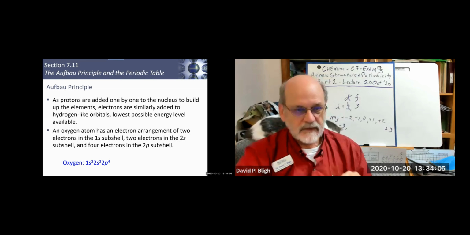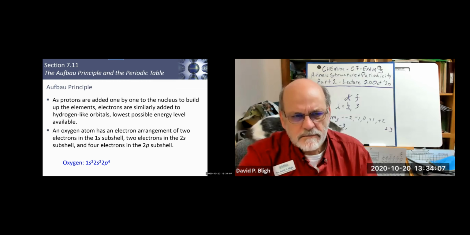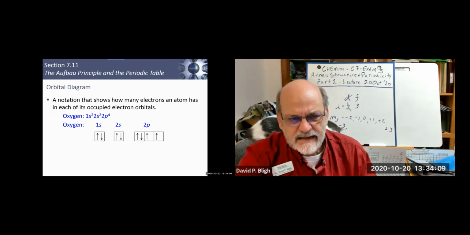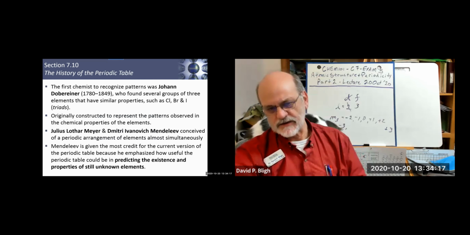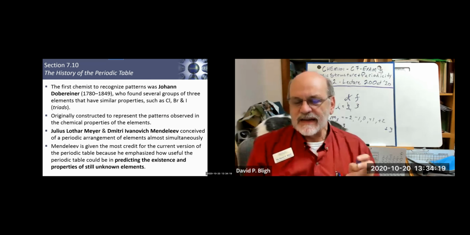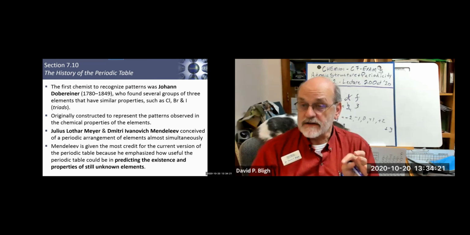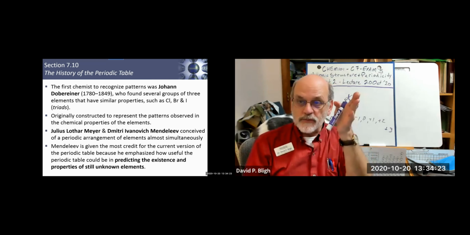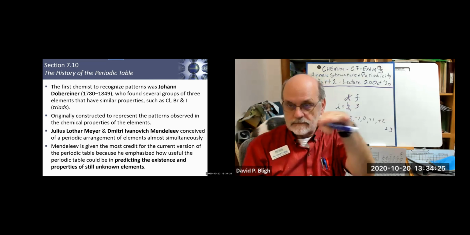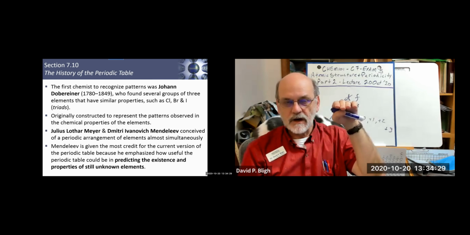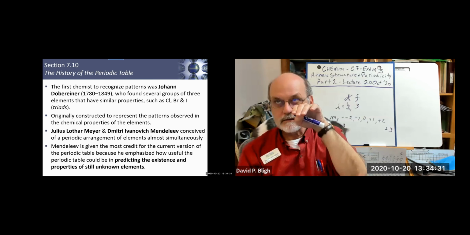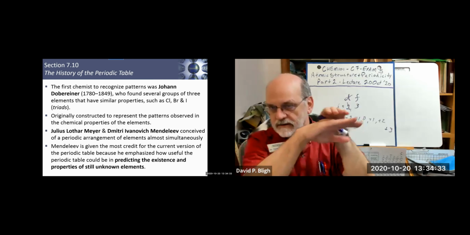Okay, so let me just say this. Mendeleev's original periodic table had the groups horizontally. So he would put fluorine, chlorine, bromine, iodine in a horizontal row.